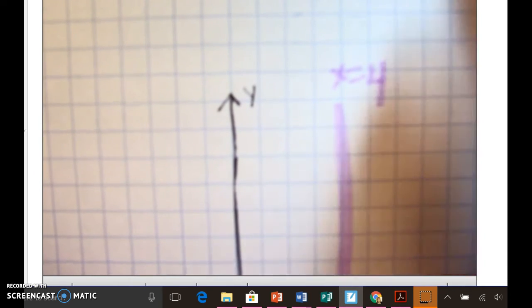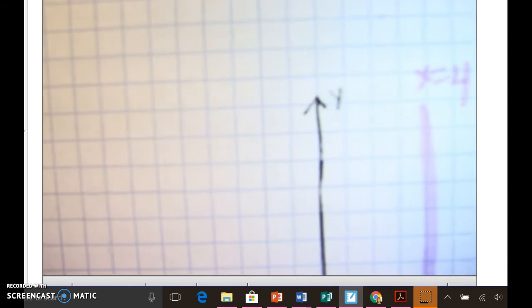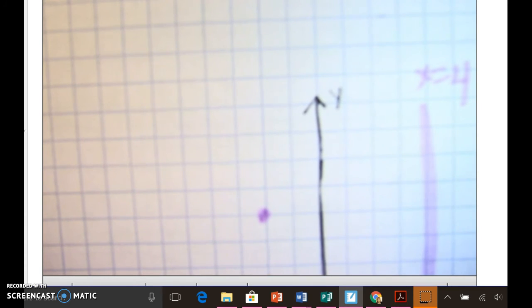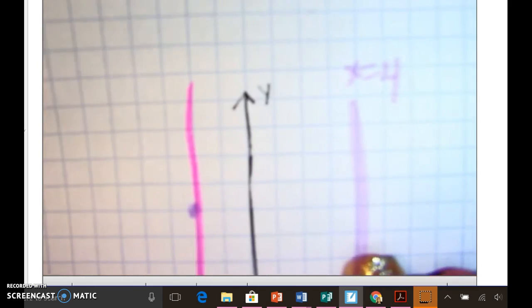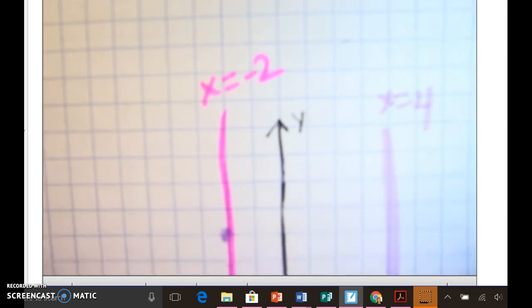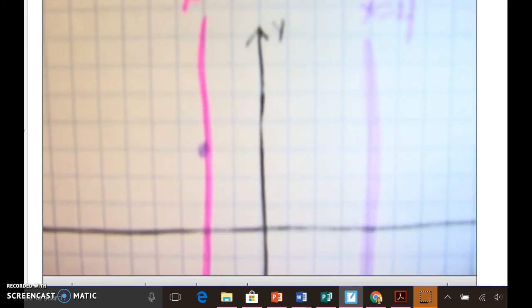I want a line that is parallel to this and passes through -2, 3. The only line that it could be, if it's parallel, is x equals -2. They're parallel, they're not going to touch, and it goes through that point.